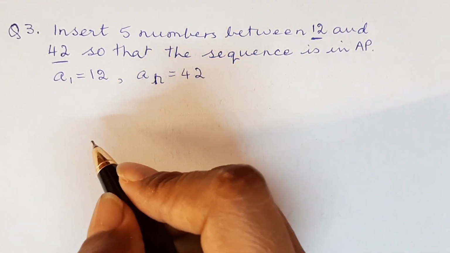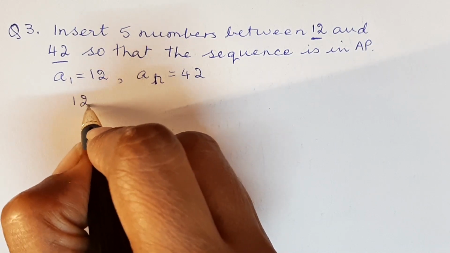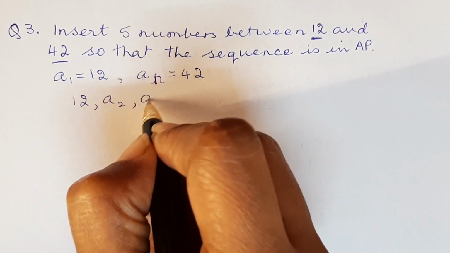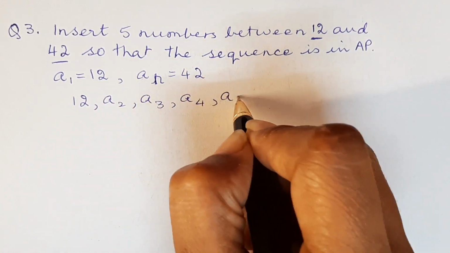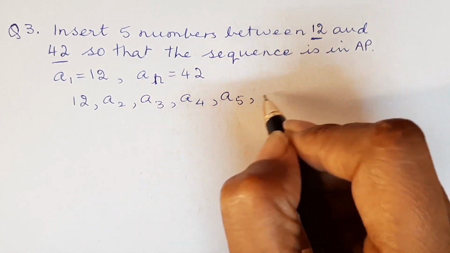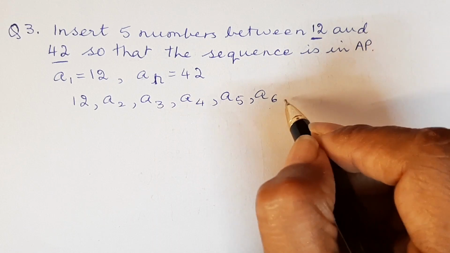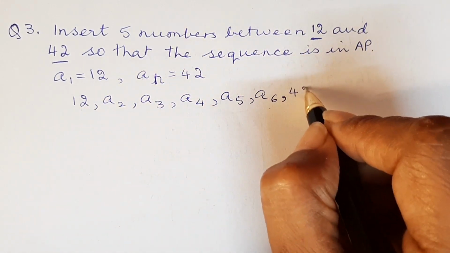Let me put it this way. And so our first term will be 12, then the second term will be A2, then A3, then A4, then A5, and then A6. These are the 5 terms that are to be inserted between 12 and 42.